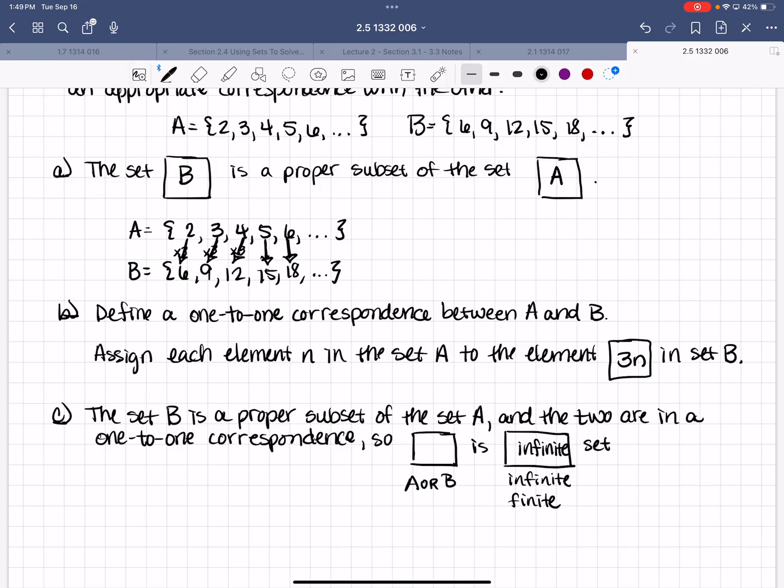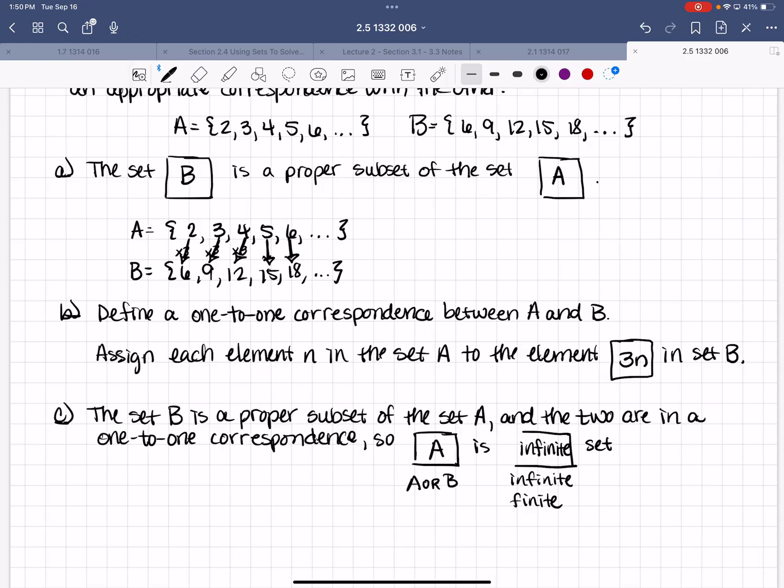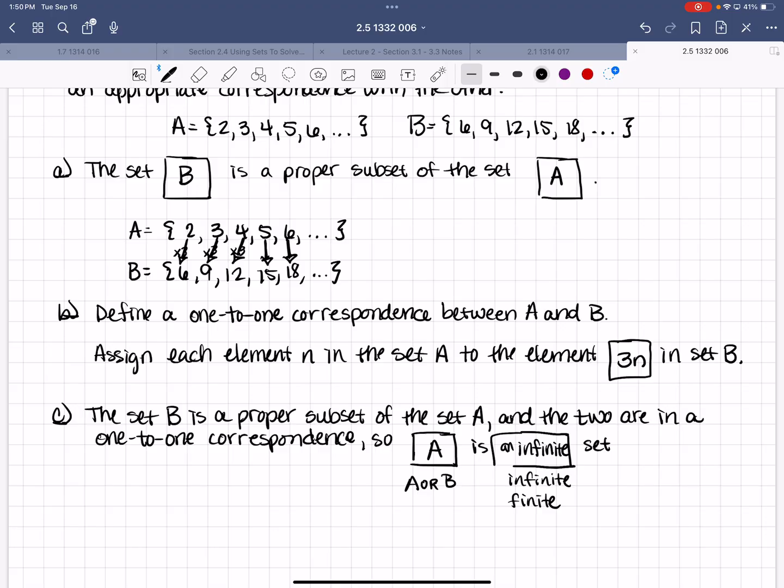A, because B is the subset, right? So A is an infinite set. Okay, not bad.